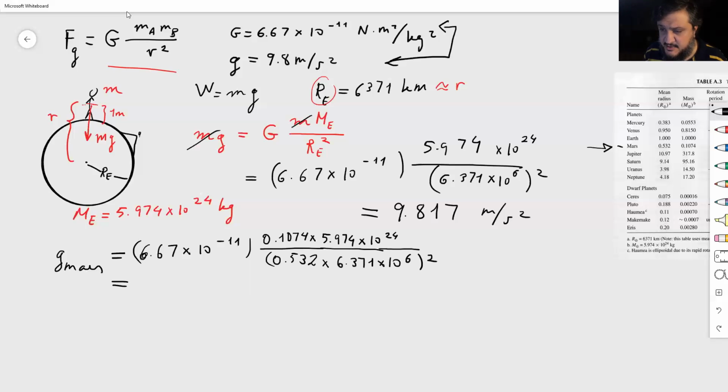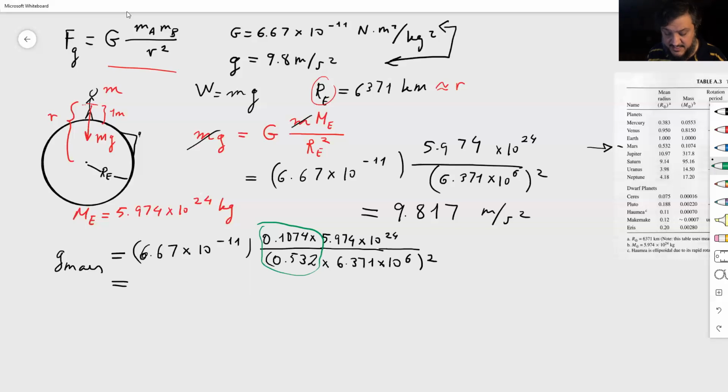Actually, I didn't even have to use all these numbers in the calculation. I could just take those, let me mark them with green here. I could take these, and of course I have to square that 0.532 and then multiply it by 9.817. Let's see if it works. So 0.1074 divided by 0.532 squared, 0.379.